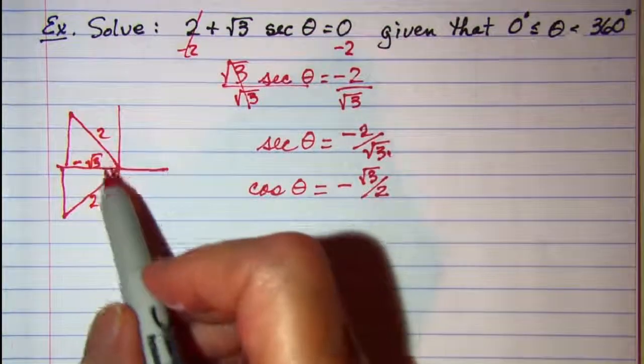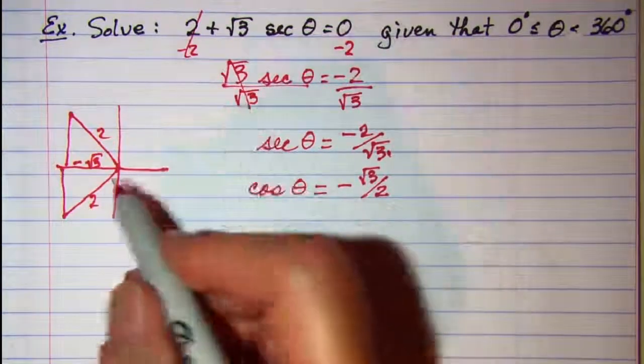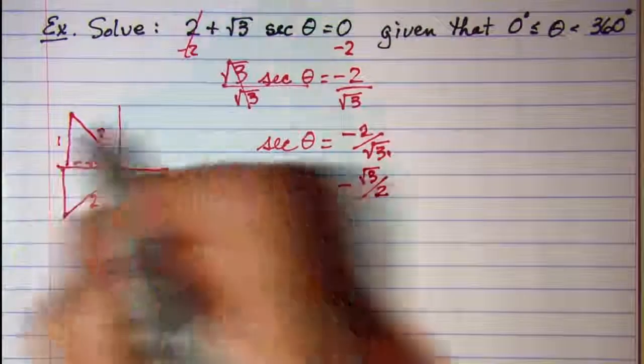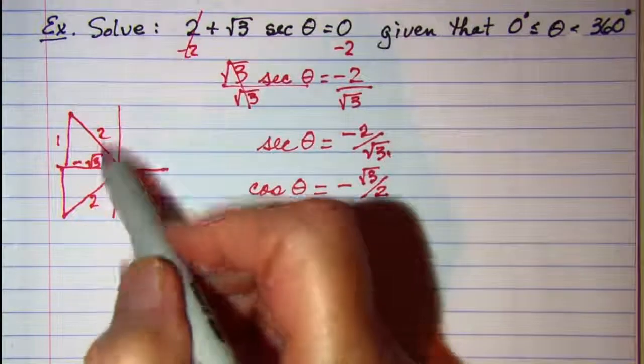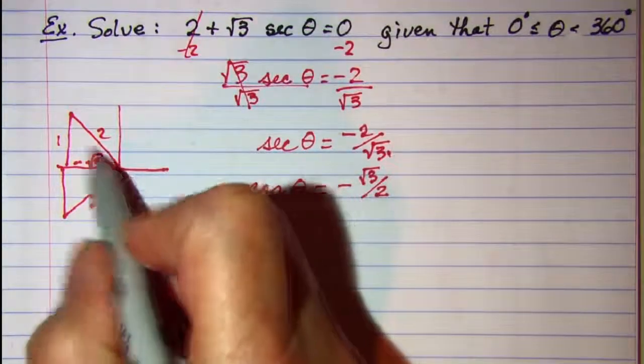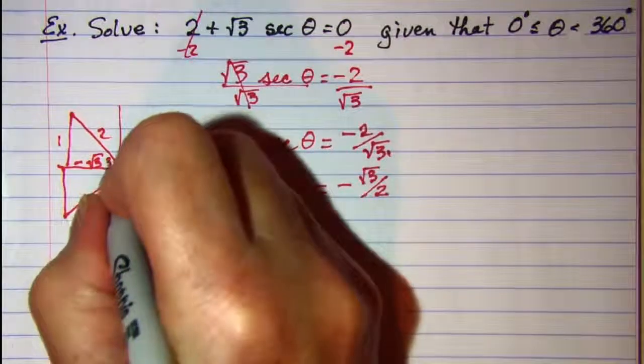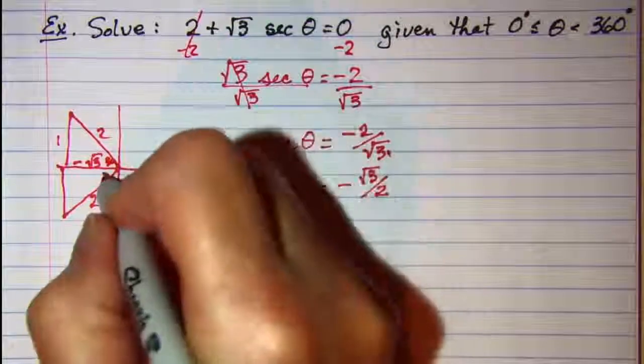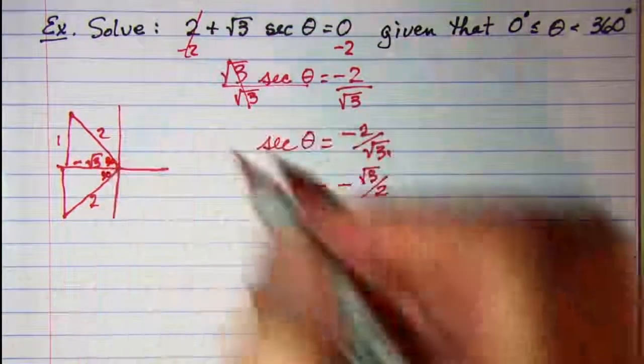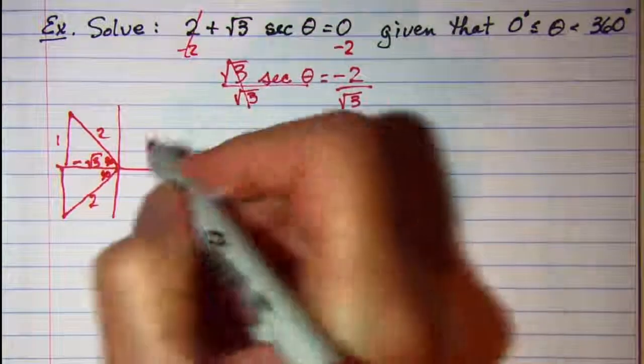Alright, so this looks like one of our special triangles again. This will be a 1 over here, and we know that the reference angle that's across from the 1 is 30. So 30 is the reference angle in both triangles.